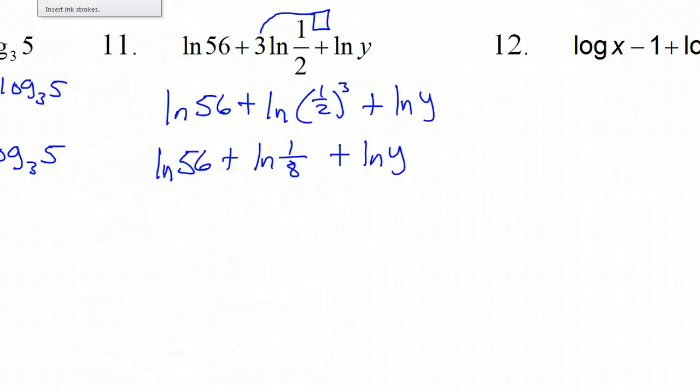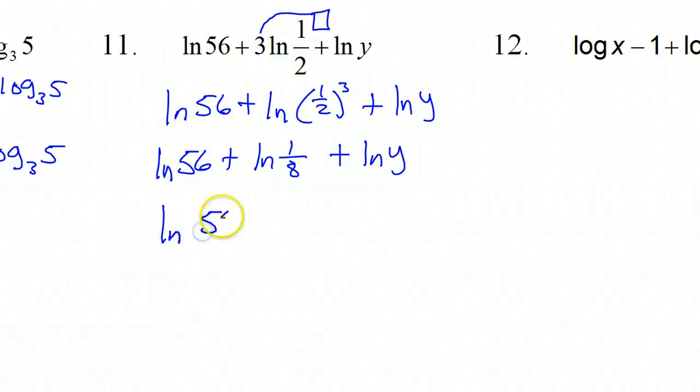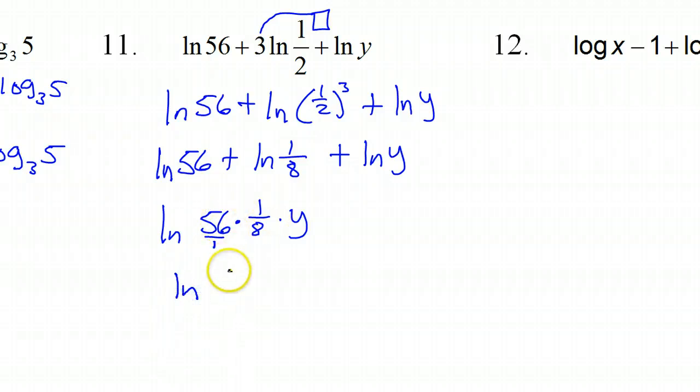So this is going to be the same thing as the natural log of 56 times 1/8 times y. Now 56 times 1/8, remembering that this is like 56 over 1, then 56 times 1 is 56, 1 times 8 is 8.